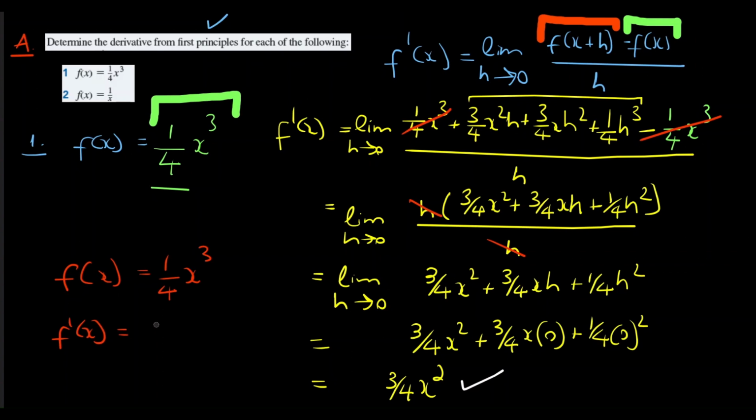We drop the exponent and subtract 1 from the exponent, which gives 3 over 4 x squared. We're only using this as a method of checking our answer, to see if it matches what we calculated. So we're guaranteed to get all the marks.